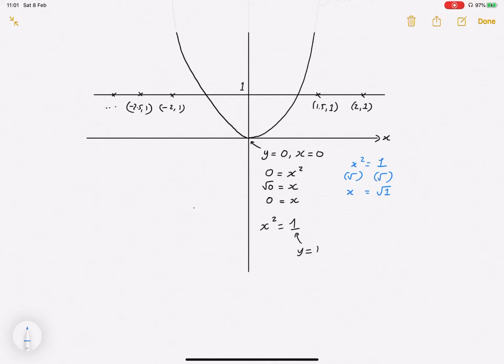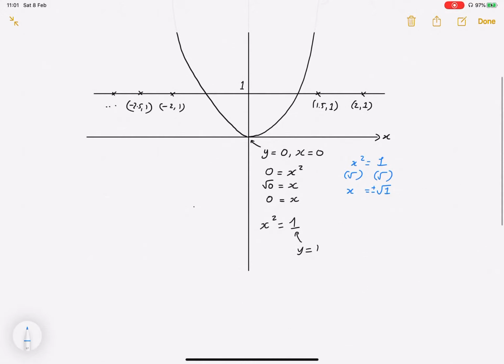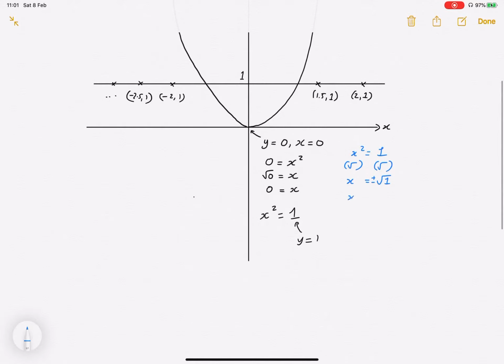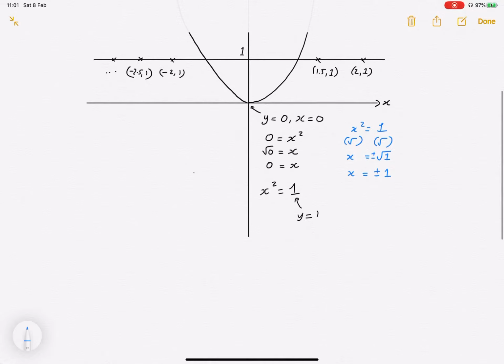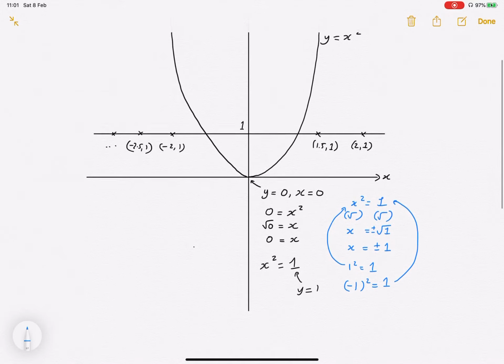Now, the square root of 1 can be either 1 or negative 1, so x equals plus or minus 1, which makes sense because 1 squared equals 1, which is what we wanted from the first equation, and negative 1 squared also equals 1. A negative times a negative is positive. So those two work.